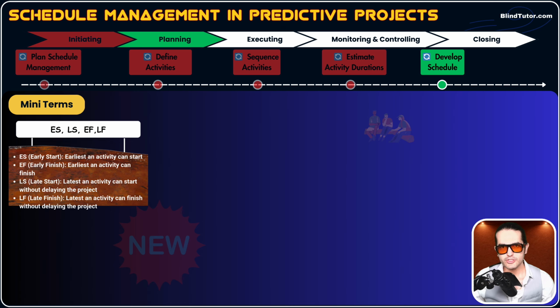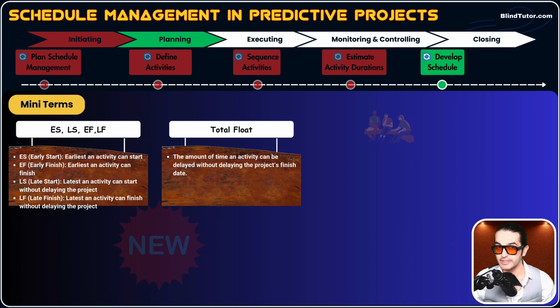Okay, now what's total float? New term, guys, and it is very important when developing a schedule. Total float, the other name is slack, or the other name could be flexibility. It's the total amount of time an activity can be delayed without delaying the project's finish date.